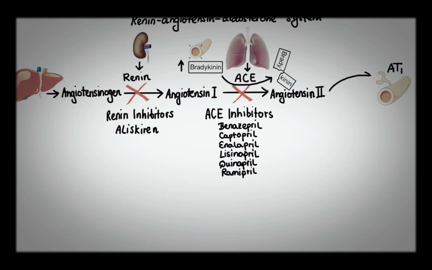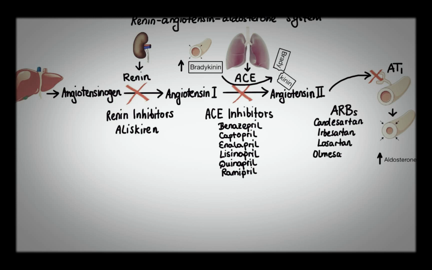So binding of angiotensin II to these receptors is actually responsible for most of the effects of angiotensin II, including vasoconstriction and stimulation of aldosterone release. These receptors are the target of angiotensin II receptor blockers, or ARBs for short. The example of drugs that belong to this class are candesartan, irbesartan, losartan, olmesartan, and valsartan.